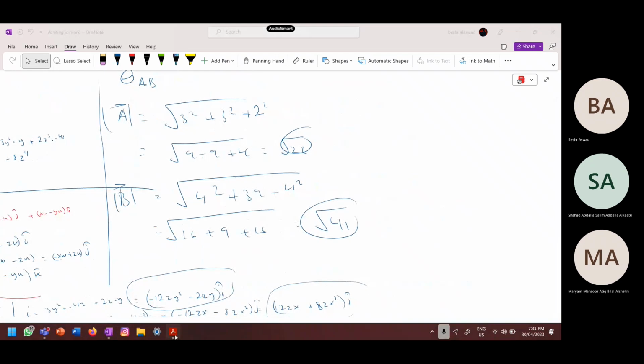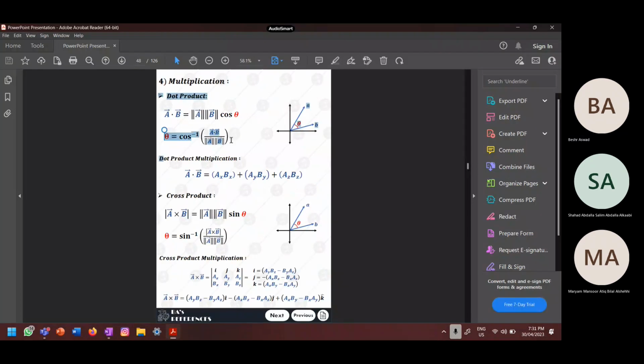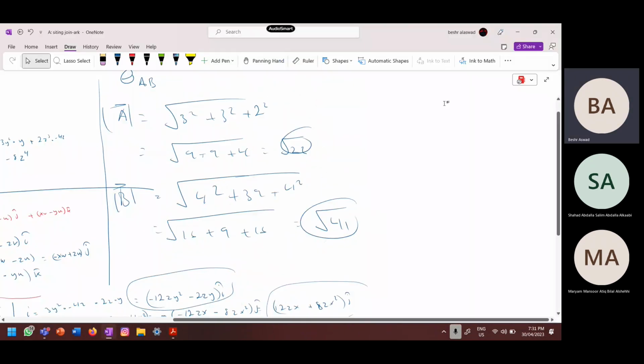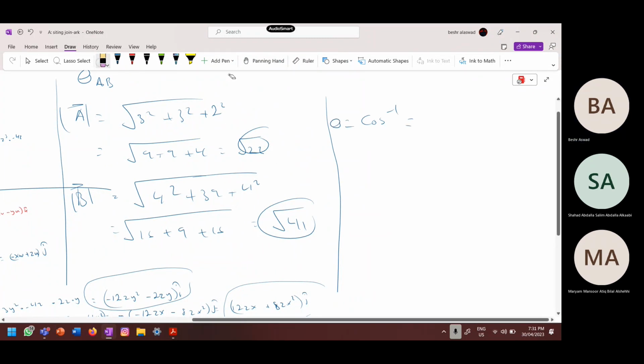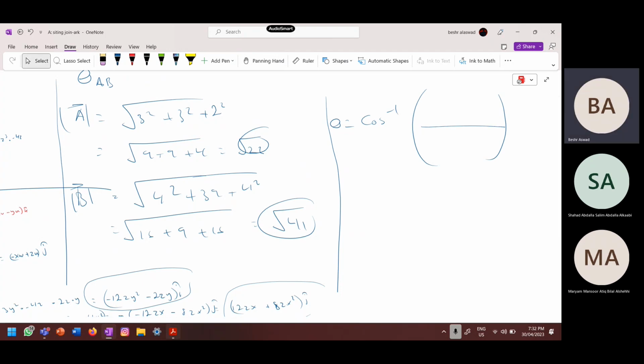Or simply this one: cosine inverse of A dot B over the product of the magnitudes is equal to theta. Okay, remember this equation, please.